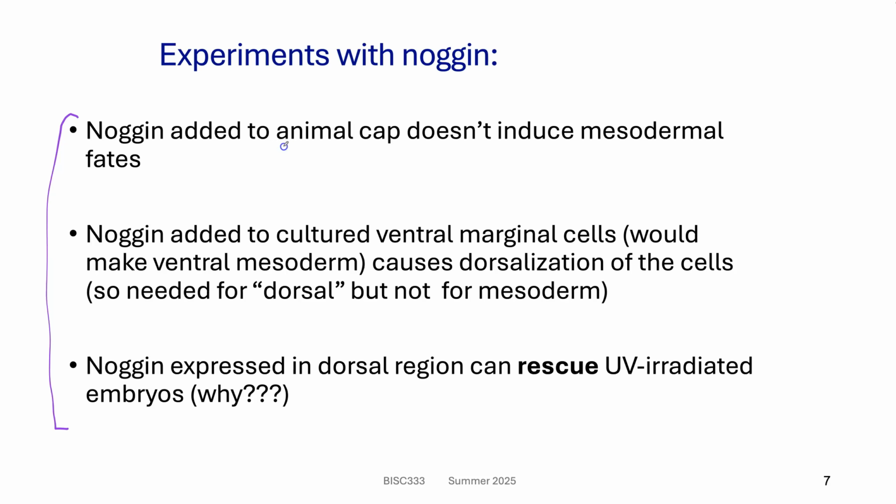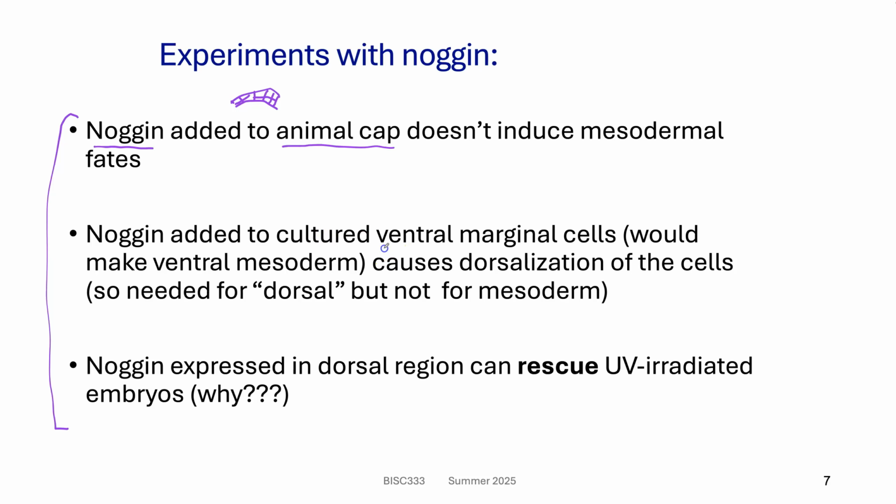So if you think about those animal cap experiments where you collect cells from the animal cap that are fated to form ectoderm, and you culture them alone, they form ciliated epithelial epidermis kind of cells. And if you add noggin to those cells, it doesn't induce any mesodermal fate, so they still just sit there and behave as ectodermal cells.